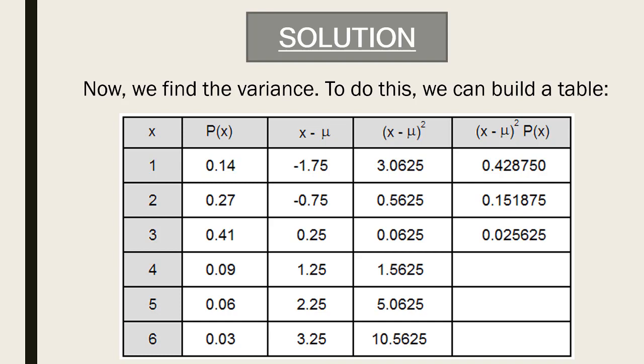If we take the 1.5625 times 0.09, we get 0.140625. If we take the 5.0625 times the 0.06, we get 0.303750. And then if we take the 10.5625 times 0.03, we get 0.316875.